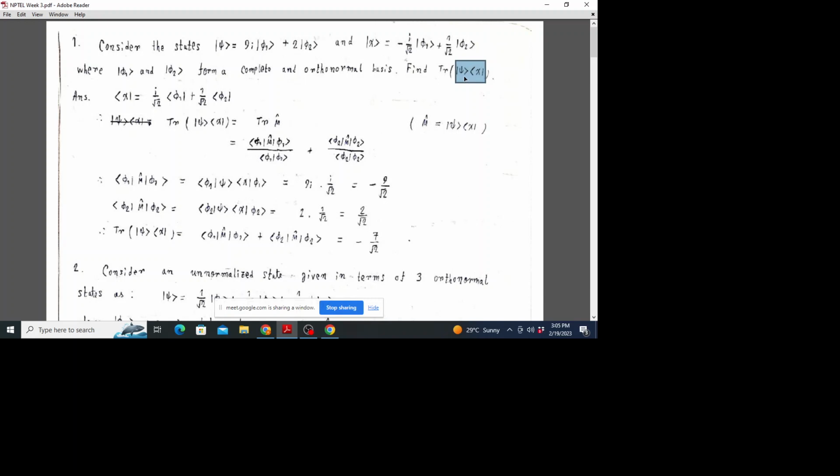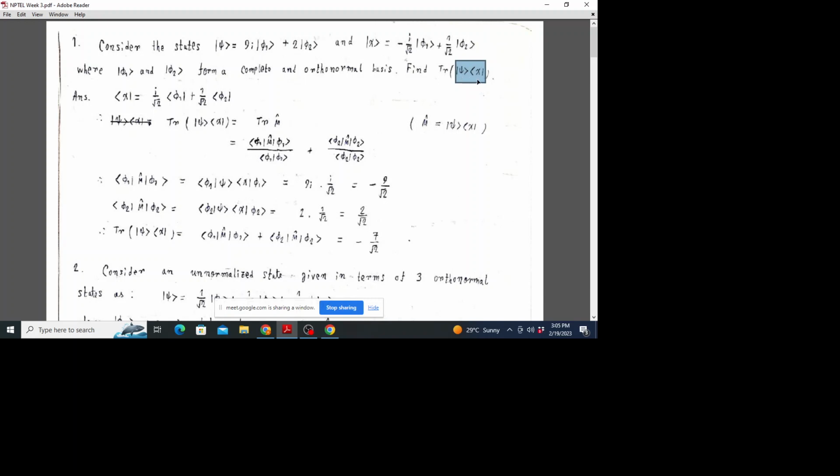Usually we denote by psi a column vector, like a ket denotes a column vector and a bra denotes a row vector. So this is the outer product between a column vector psi and a row vector chi, and we get a square matrix.